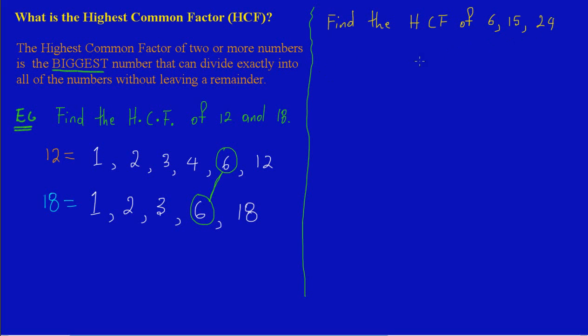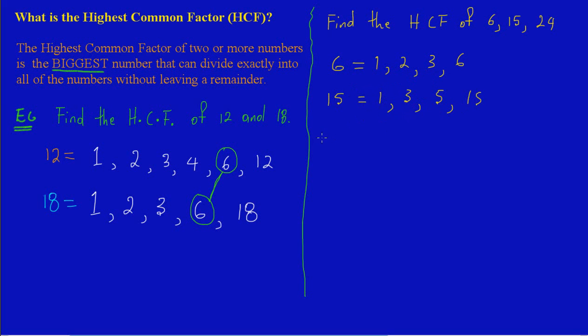First, to find the HCF, I'm going to list my factors. All the factors of 6 are 1, 2, 3, and 6. For 15, all the factors are 1, 3, 5, and 15.